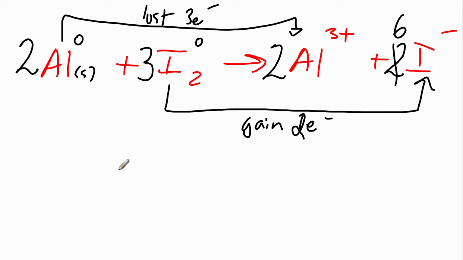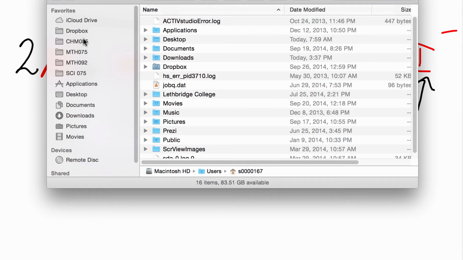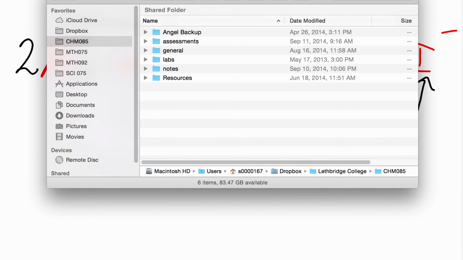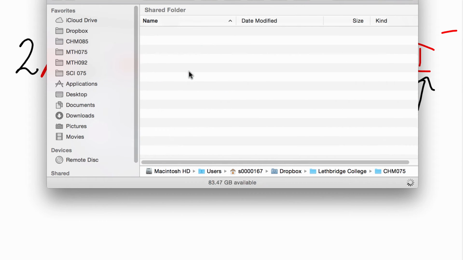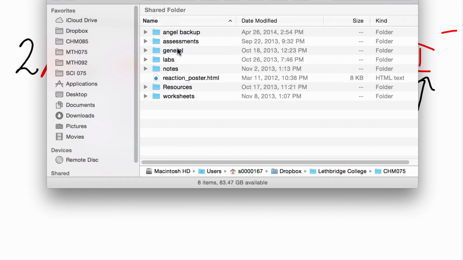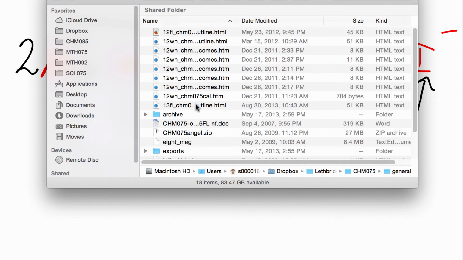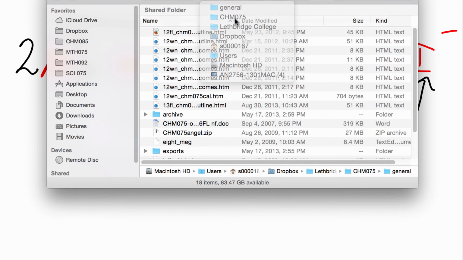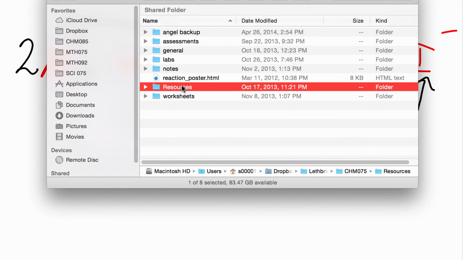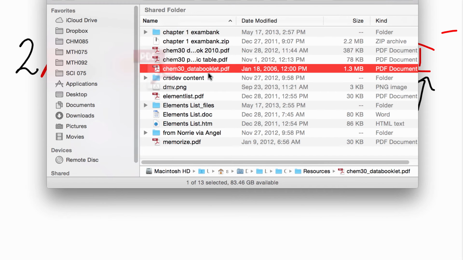Let me just see the half reactions, just a sec here. If I look at the half reactions, I've got to find this in the resources, the data booklet.